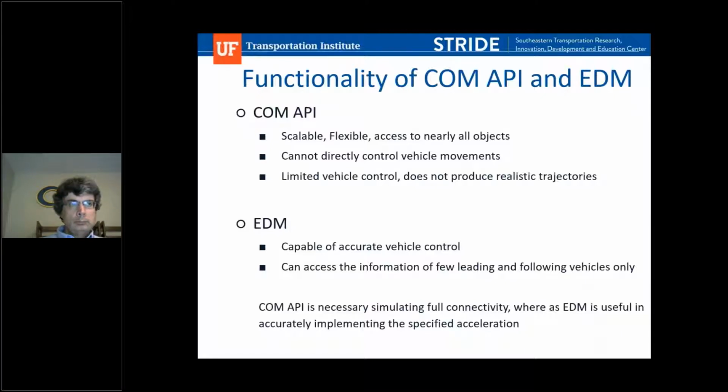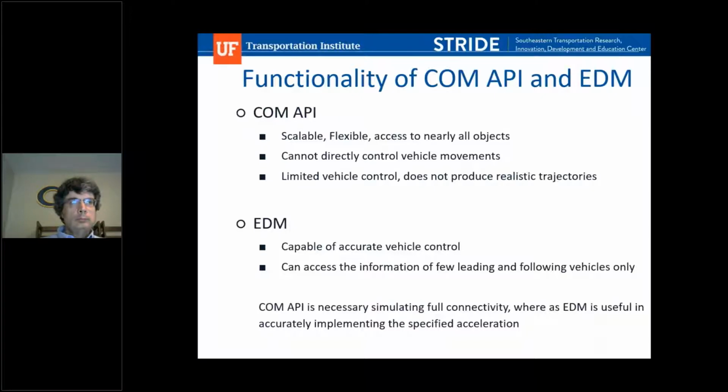With the EDM, we see the other way around. We are familiar with these terms like look ahead distance and look back distance. So within the vicinity of the subject vehicle, we can capture limited information of the simulation elements. Whereas the strength of the EDM comes in where we can accurately control the vehicle.